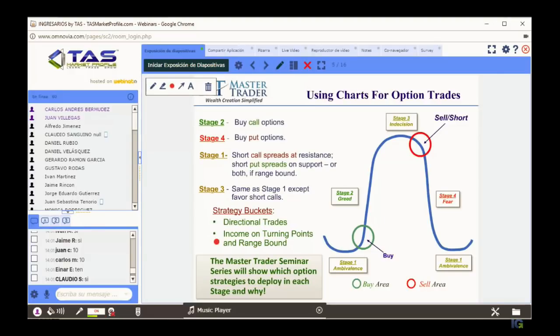So the three-part option module is going to show you what strategies to deploy on every single possible stock market setup on the stocks that you like to trade.